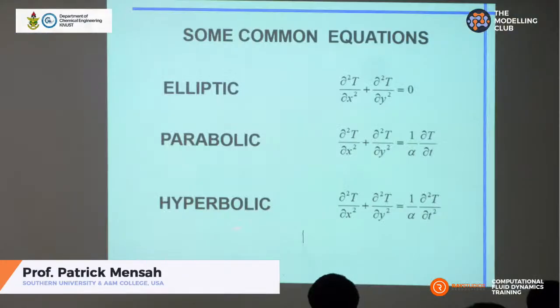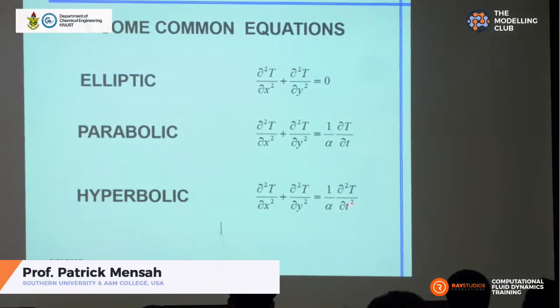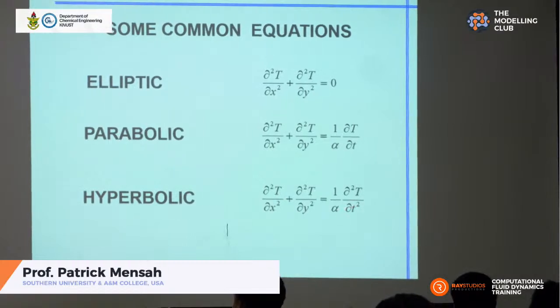On the other hand, a hyperbolic equation, okay, you see now it has a second derivative of the temperature with respect to time. Okay, so these are different classifications of differential equations, and depending on your simplifications of your governing equations, you can basically reduce it to any of these types.